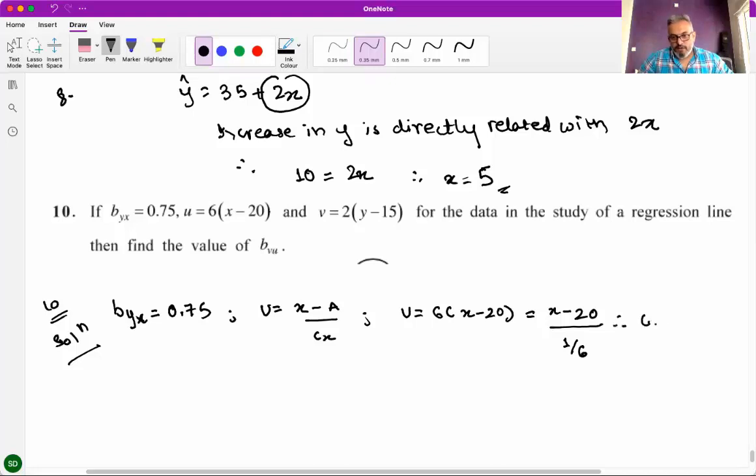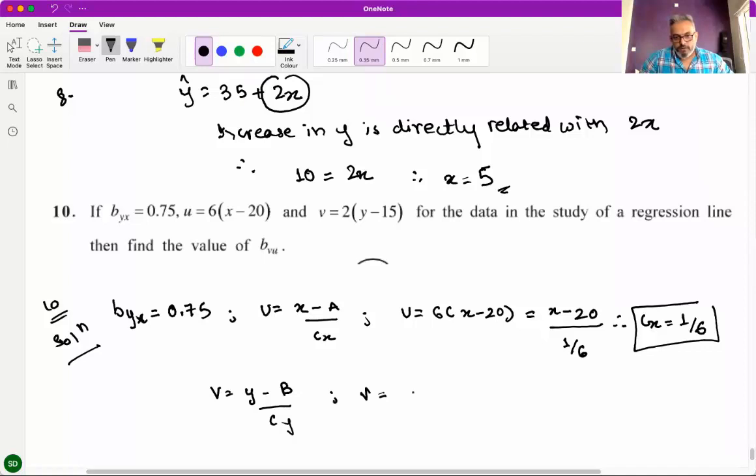Therefore, c of x is equal to 1 by 6. v is equal to y minus b upon c of y, where v is equal to 2 in the bracket y minus 15, which is equal to y minus 15 upon 1 by 2.